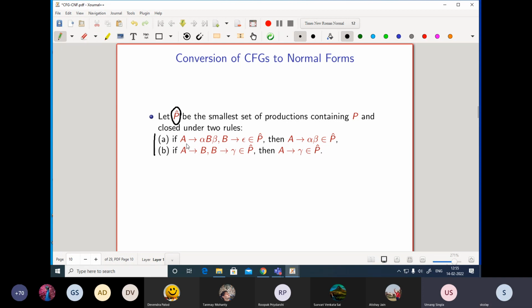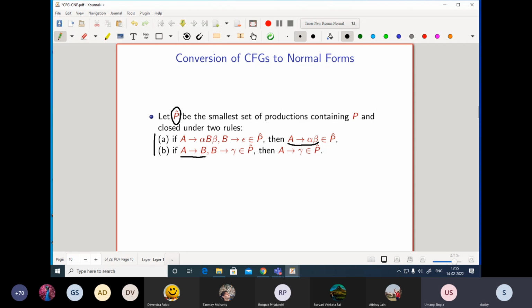You consider two productions of the form A going to alpha B beta, and B going to epsilon, and then you add A going to alpha beta into this new production set P hat. In the first stage, you're taking productions from P and looking for such pairs, and including a new production A going to alpha beta.